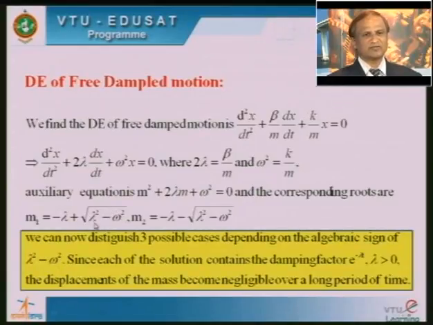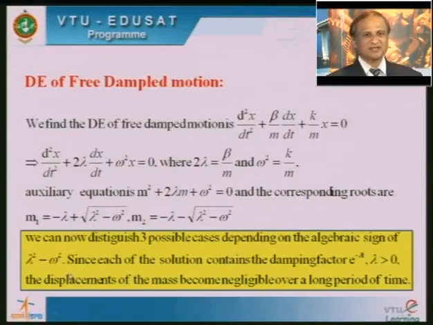Because we do not know the value of lambda or omega, it may be equal to 0, or not equal to 0, which means it may be greater than 0 or less than 0. We want to identify what happens if it is equal to 0, greater than 0, or less than 0. That is why I have mentioned 3 possible cases.